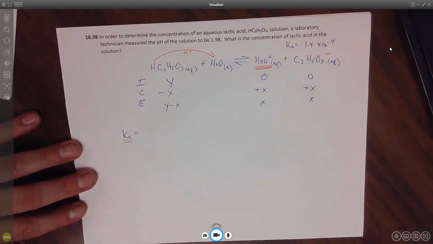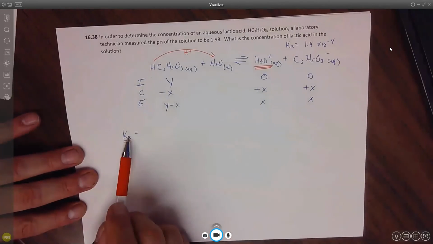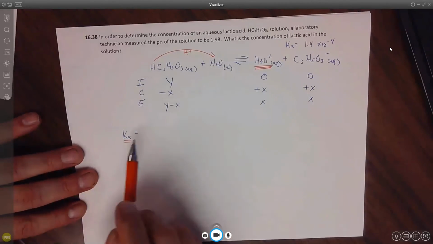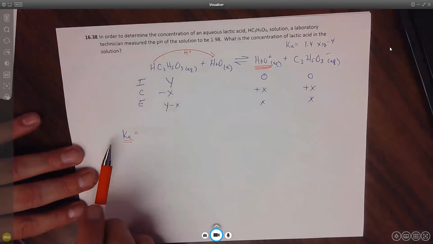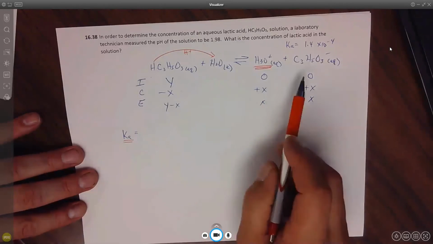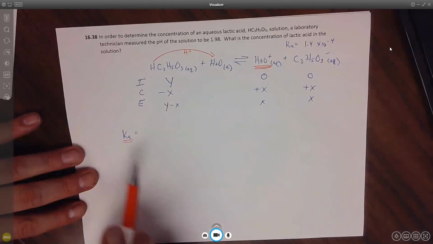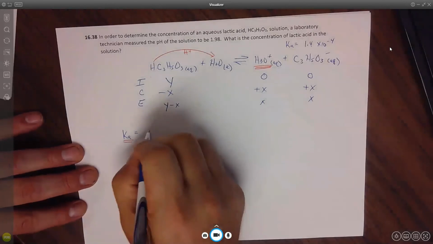It's very simple, don't make it hard. If the product is H3O plus, you use Ka. If the product is OH minus, you use Kb. Always. So you're just looking to see what the product is, and that determines whether you use Ka or Kb.